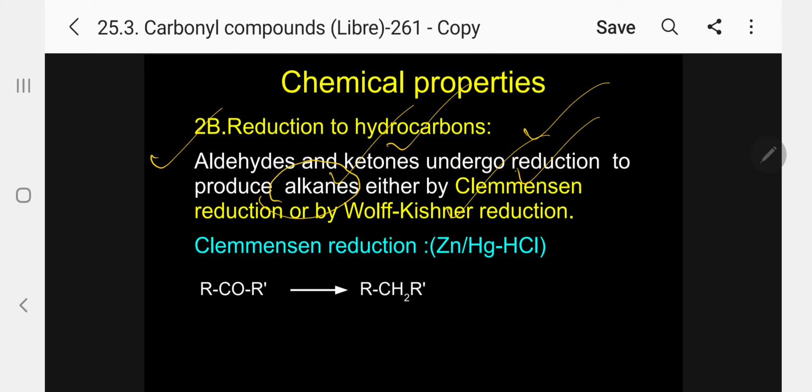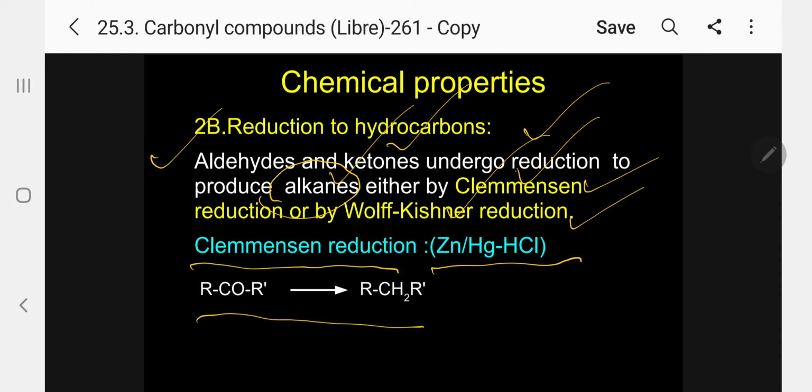Here I am giving alkane by 2 name reactions: one is Clemmensen reduction, another is Wolff-Kishner reduction. Please follow. The Clemmensen reduction reagent is zinc amalgam and HCl. The general formula, aldehyde or ketone, RCOR', gives the corresponding RCH2R'.